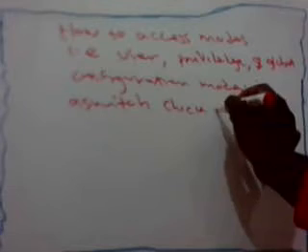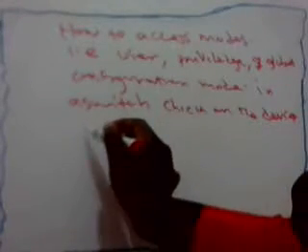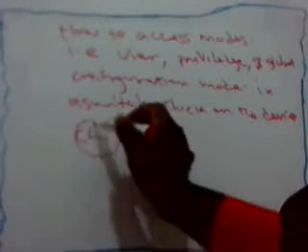You can either in a packet tracer click on the device itself. When you click on it, it will bring a window. On the window there is CLI, command line interface. You click on this.